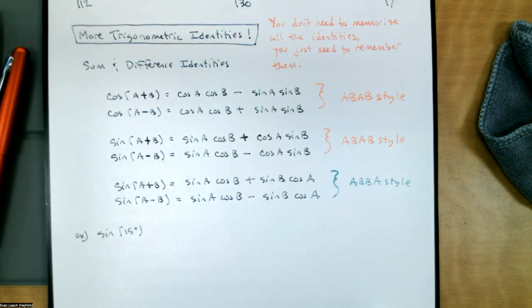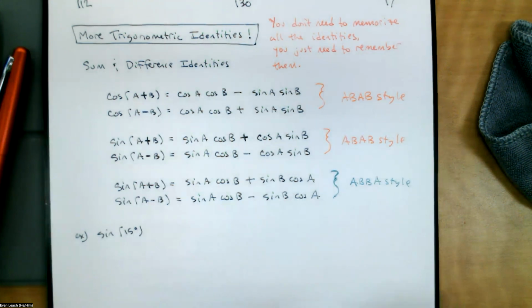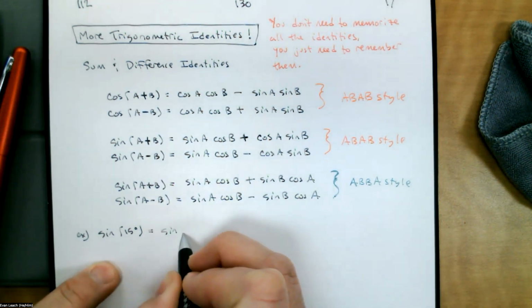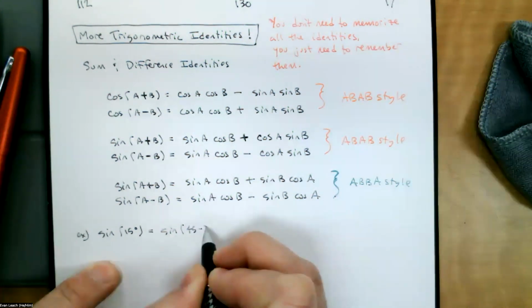Those are the ones we know, going all the way around the unit circle. 15 is not one of them. But 15 can be made with two of them. I can think of the 15 as being 45 and a 30. So we could think of sine of 15 as the sine of 45 minus 30.